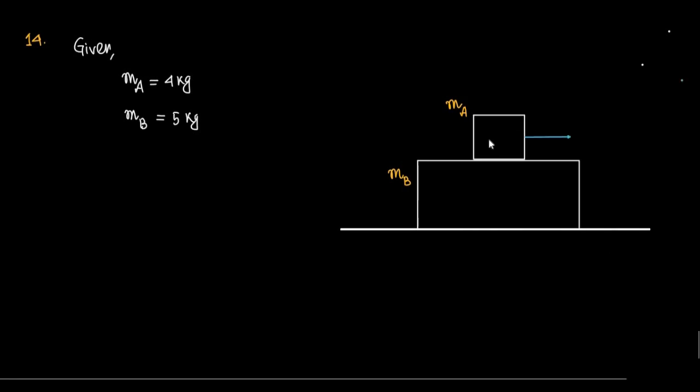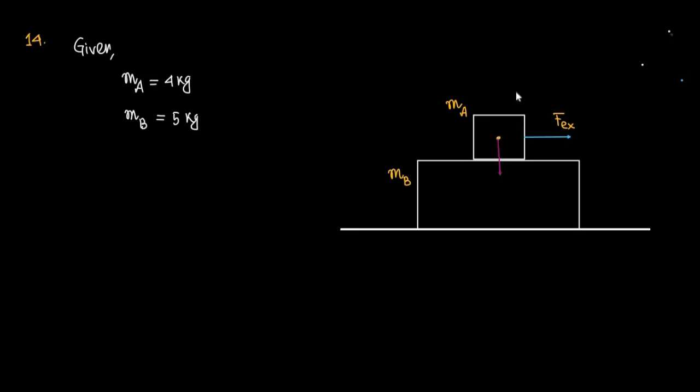Numerical number 14, friction 1. In the diagram, a block of mass Ma is placed over another block of mass Mb, and the given quantities are Ma equal to 4 kg, Mb equal to 5 kg.